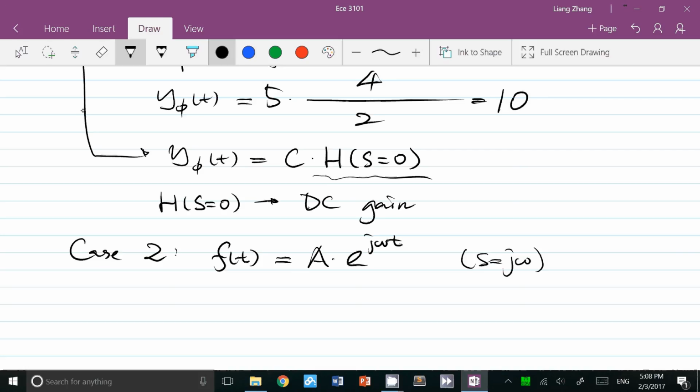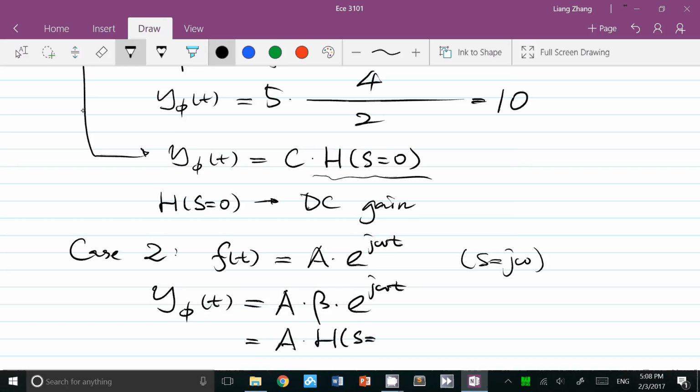Now according to the discussion we have above, the forced output will be, according to linearity, A times beta times e to the j omega t as before, and this beta is simply my H function of s, with all s replaced by j omega.